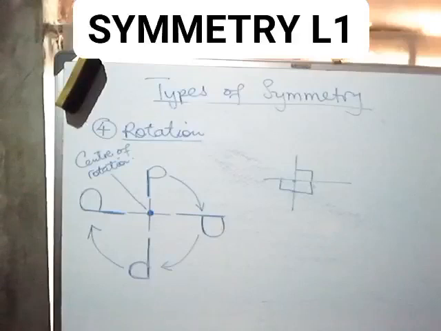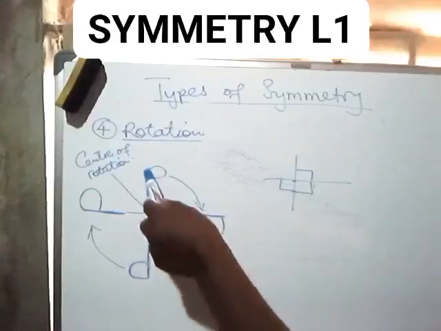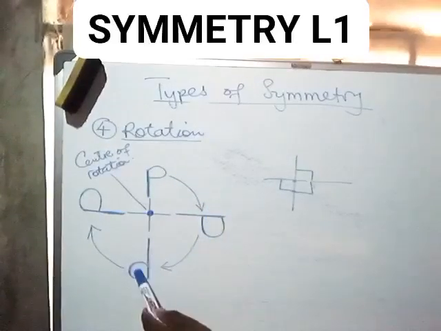This is what is known as rotation. So letter P has been rotated in a clockwise direction through 90 degrees 3 times. It was rotated here 1, this is 2, and that one is 3.